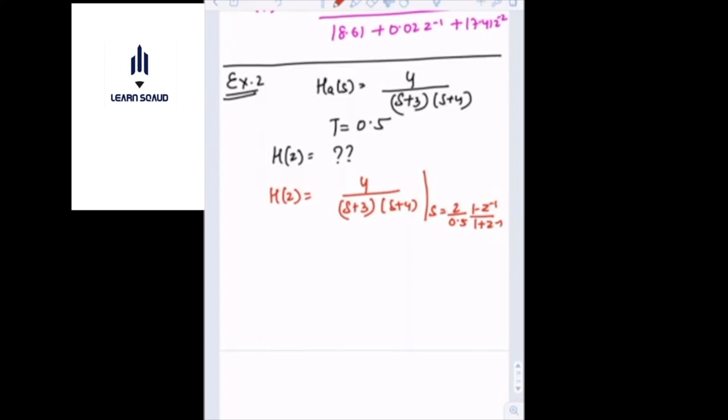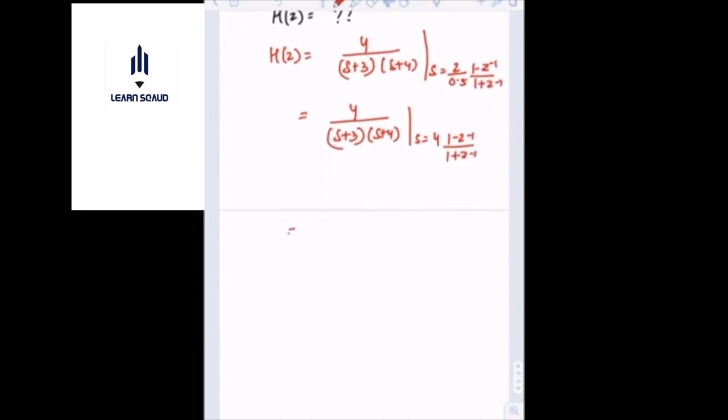Okay, now simply we will put S equal to 4 (1 minus Z inverse) upon (1 plus Z inverse), and after solving this we will get H(z) will come out to be 1 upon 2 (1 plus Z inverse) whole square divided by (7 minus Z inverse). So these kind of questions can be asked.